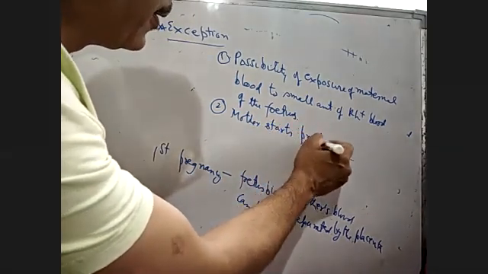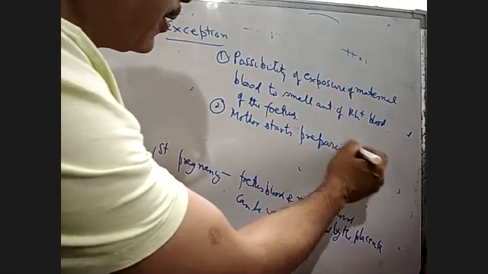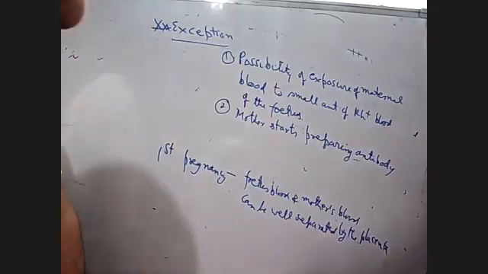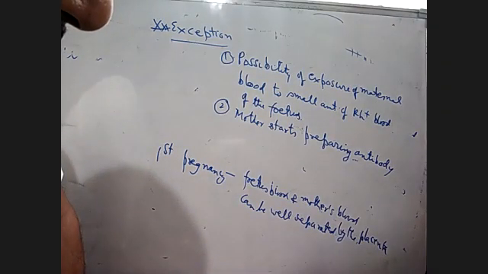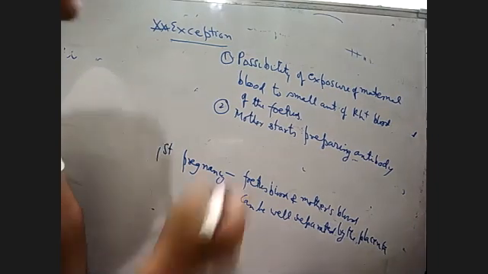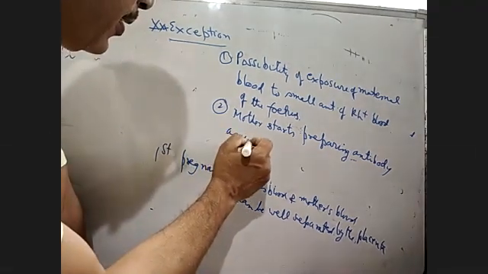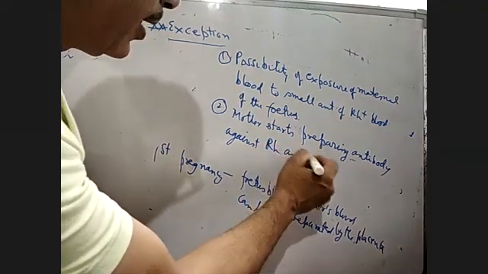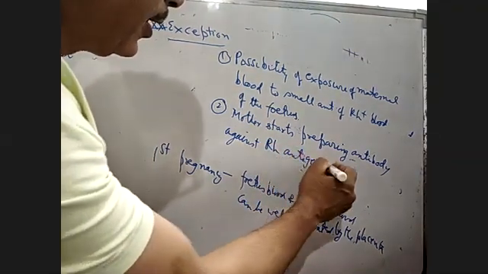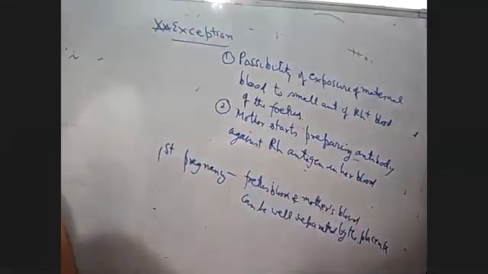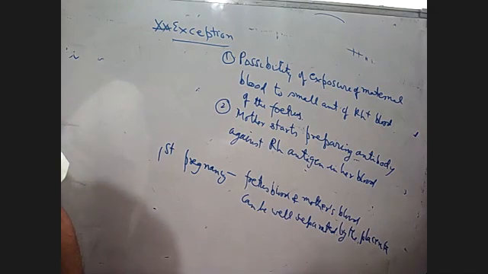Mother's blood starts preparing antibody against the Rh antigen in her blood. This is a very important point.